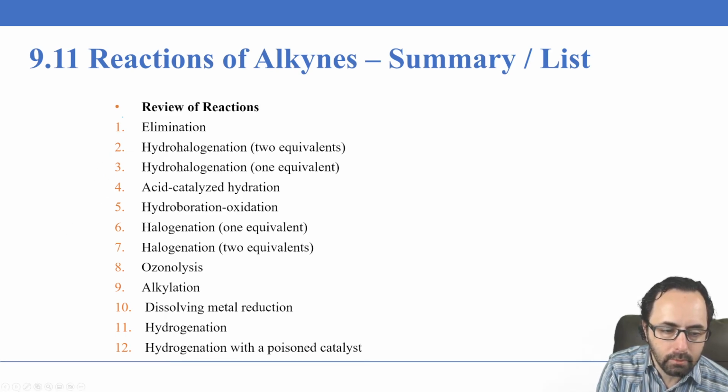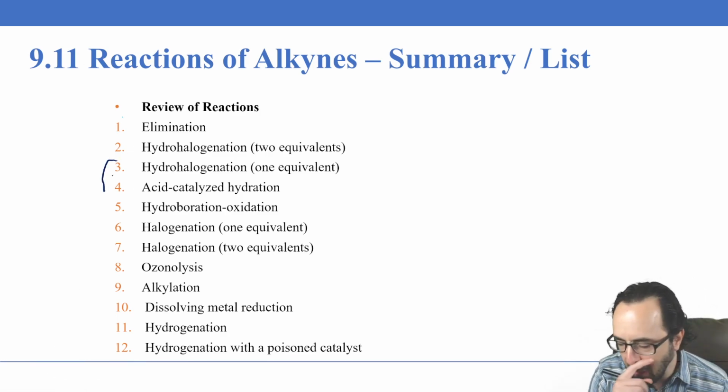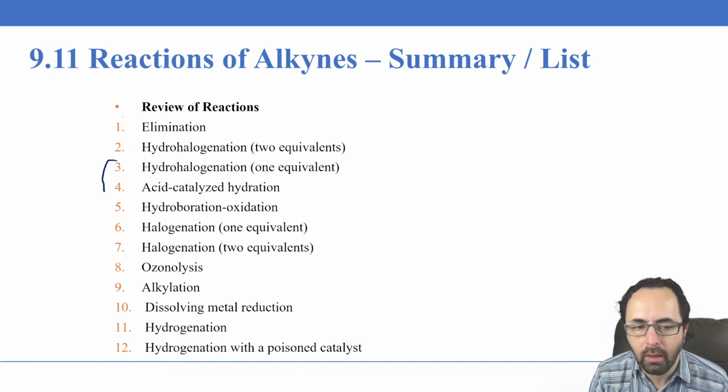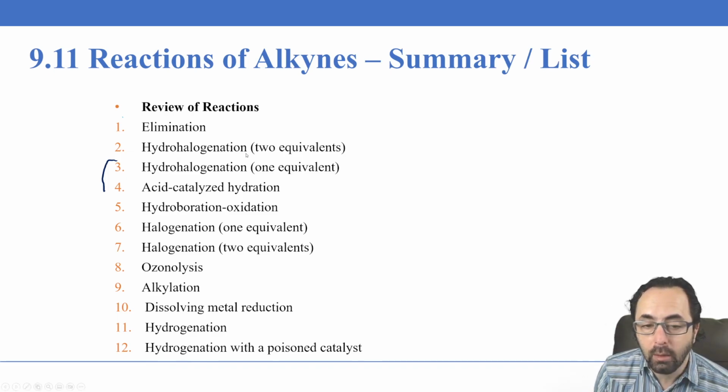We did hydrohalogenation, which there was only one equivalent. With an alkene we can only hydrohalogenate once, but with an alkyne we can do it twice because we have two pi bonds.